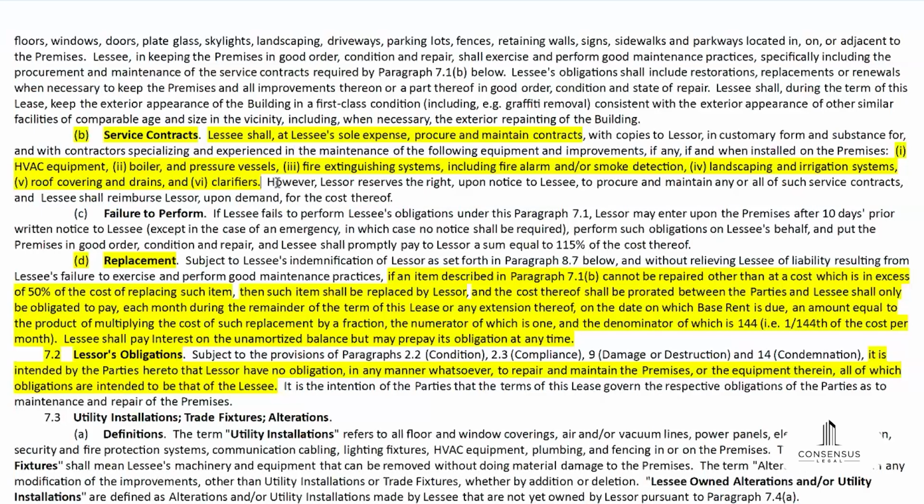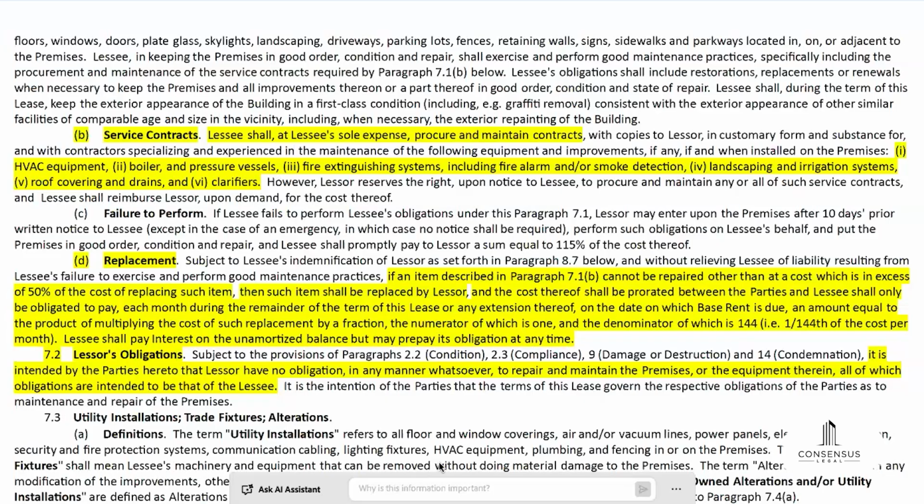It pays the cost, and then that cost is prorated over 12 years, and lessee has to pay its share during its lease term. So if there's 4 years left in the lease term, it's amortized over 12 years, lessee is only going to end up paying 1/3 of that replacement cost.